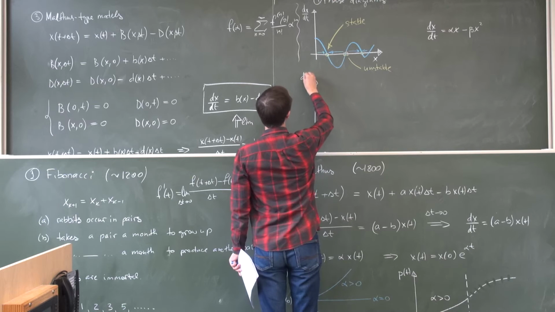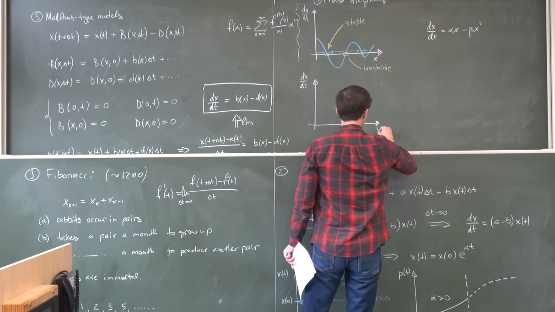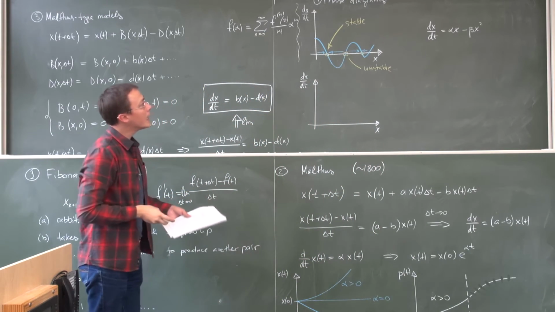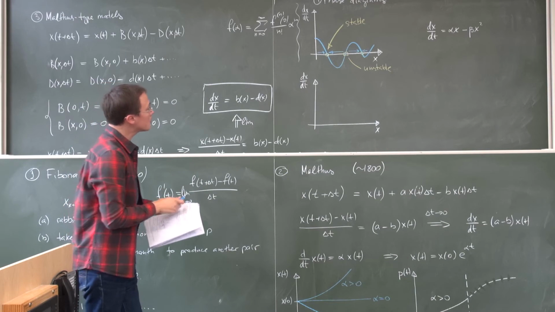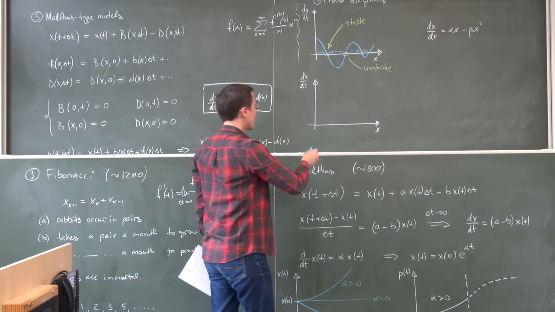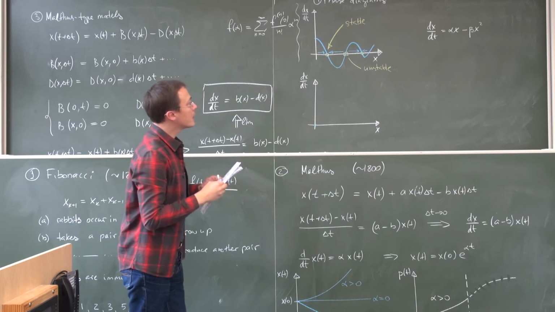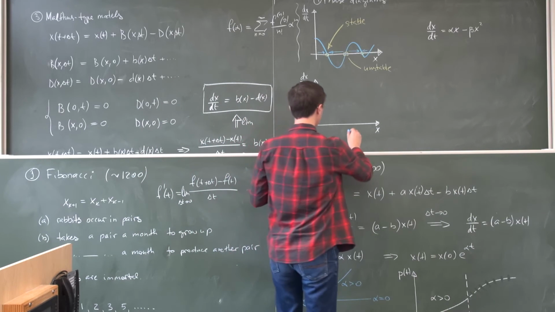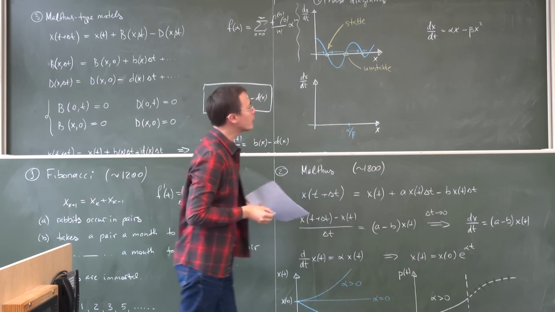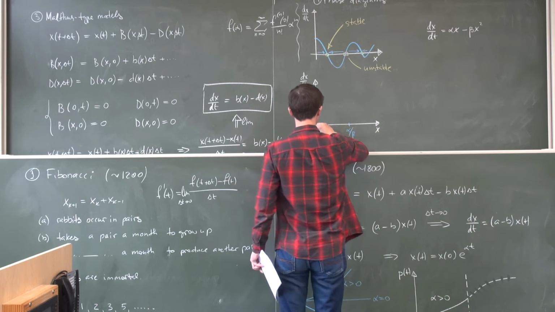So if this is our dx by dt, and this is x, and alpha is positive and beta is negative, let us think about what this is. When x is 0, the right-hand side is 0, so we begin here. And then there is another 0 at alpha over beta, which just solves the quadratic equation. And it's an inverted parabola, so it does this.